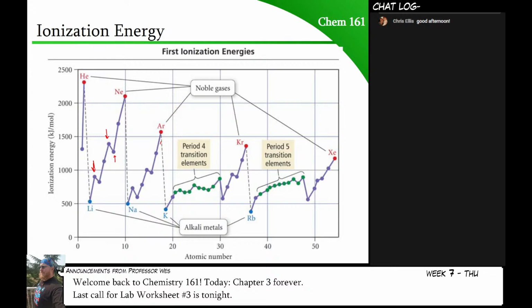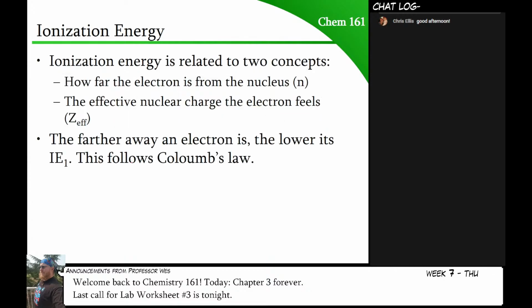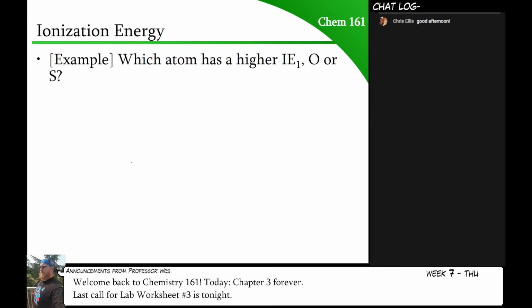So we said that as n increases, electrons get further away, and so they're easier to ionize because you don't have to lift them up to n equals infinity. It's not as much energy. So each of these n's, the amount of energy is going down. And then as Z effective increases, you're fighting against a harder pull from the nucleus, so it's harder and harder to ionize things.